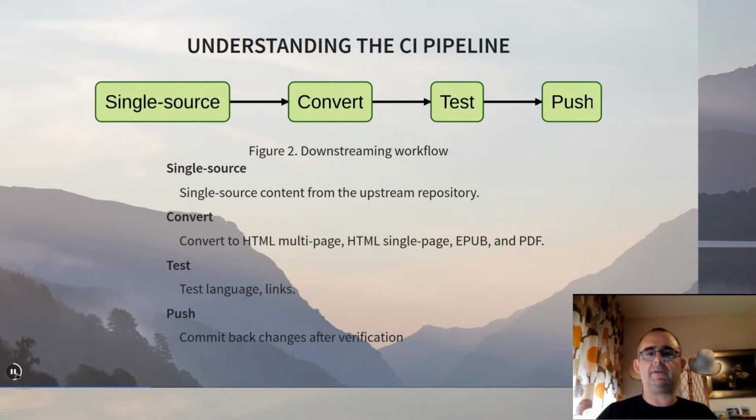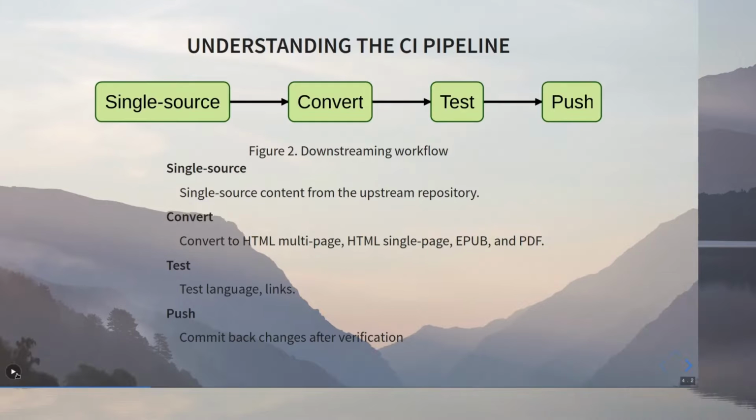The very important thing to consider here is that the convert step is taking the AsciiDoc source that is the build artifact from the preliminary step. So we have a pipeline where each step is producing something the next step is using. The first step is producing AsciiDoc content, the second step is producing HTML files, and the third step is using the HTML files to test if the content is as we want it. And then we push everything back to the repository.